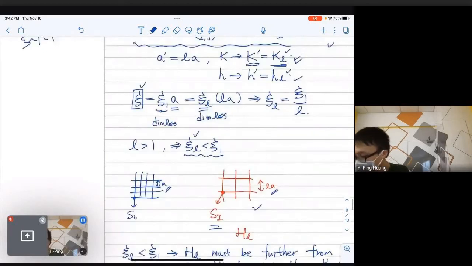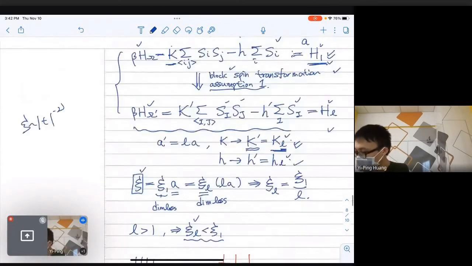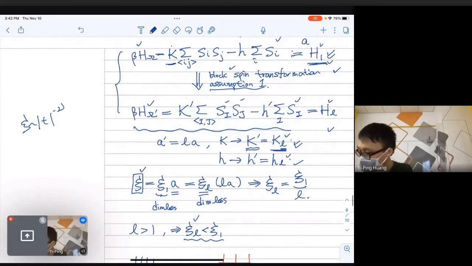Another important thing is that after we do this summation, we get the effective coupling constants K prime and H prime. As I mentioned, because it depends on how we do the coarse-graining, instead of prime, I use KL and HL to represent the effective couplings after we do the block spin transformation, okay?